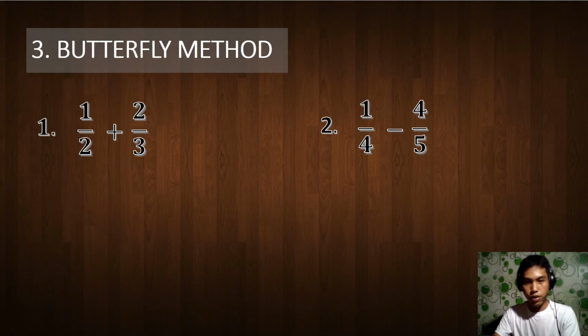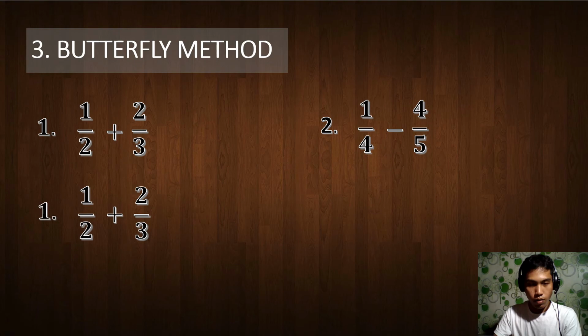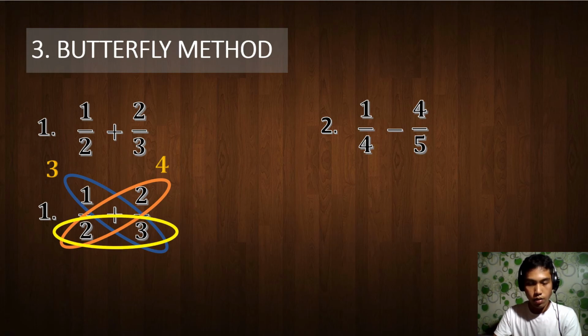Now let's proceed to the last one, the butterfly method. In number 1, we simply multiply this part. 1 times 3, that would be 3. 2 times 2, that would be 4. And 2 times 3, that would be 6.